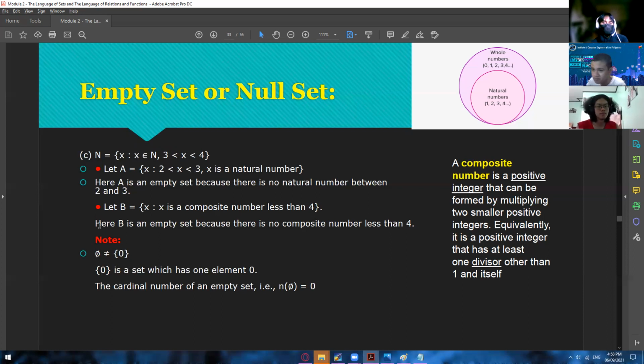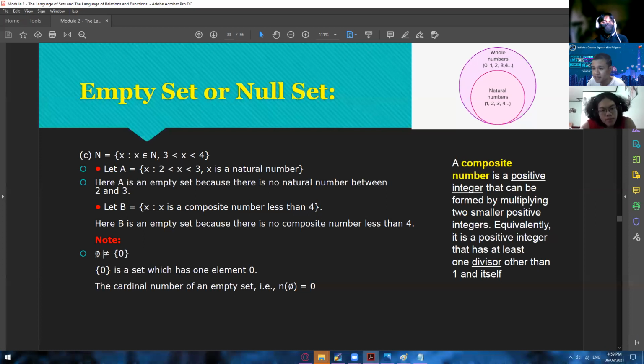As a result, this set B is an empty set because there is no composite number less than 4. For 2 and 3, we cannot form a number since we have to multiply whole numbers. We cannot multiply 1.5 times 2, since 1.5 is not an integer. So that is a composite number.